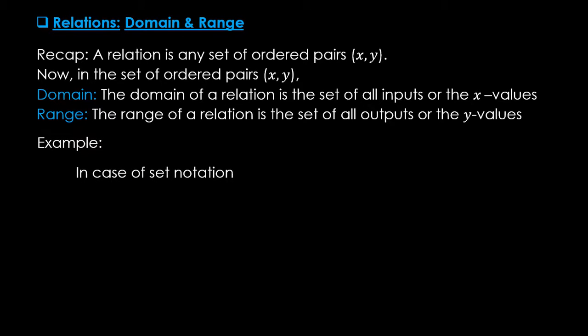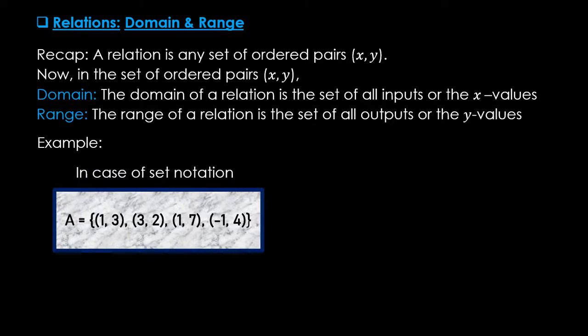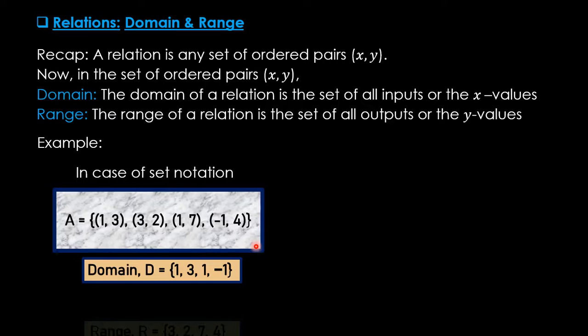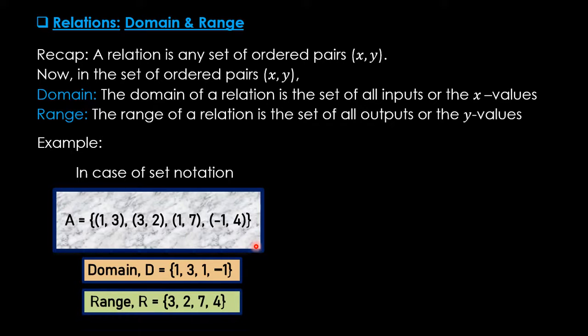Example, in case of set notation, suppose A is a set of all these ordered pairs: (1, 3), (3, 2), (1, 7) and (-1, 4). In this case, the domain D is {1, 3, 1, -1} and the range R is {3, 2, 7, 4}.